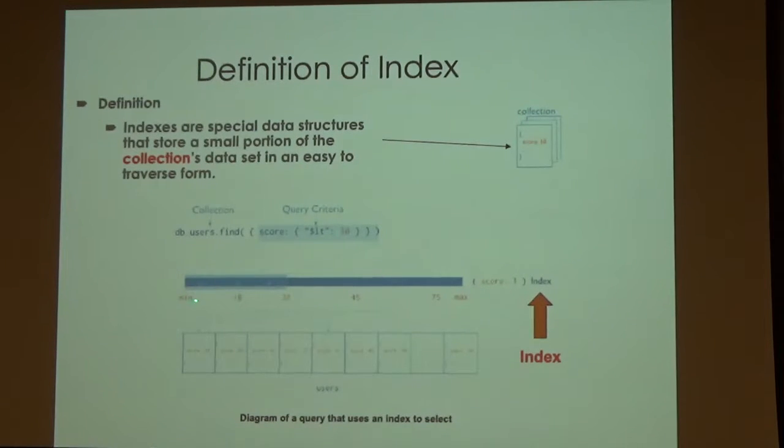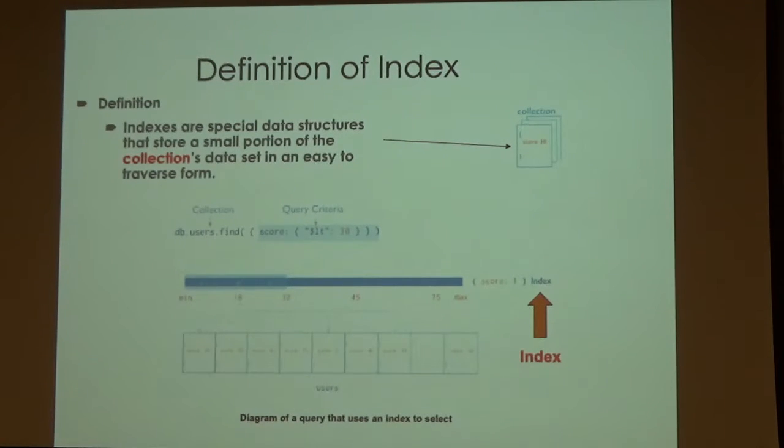One means ascending. So in ascending order of score, each entry has a pointer to the object, the document. The lowest score is 16, so 16 is here. This is 18, 5 is here, it has a pointer, and 18 is here, and 30 and so on.